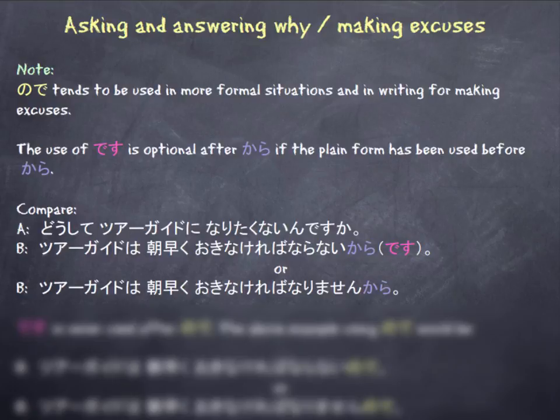Meaning, because tour guides must wake up early in the morning. Or, ツアーガイドは朝早く起きなければなりませんから. So in both cases, we finished with kara, but it's only in the first instance that we can use desu at the end because we've used the plain form of the verb as opposed to our second response where we've used the polite form of the verb.